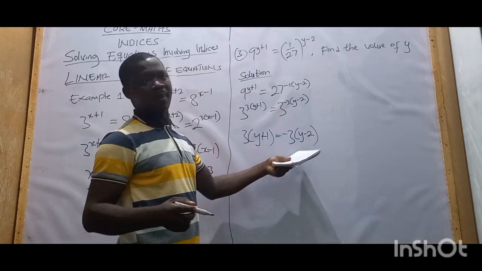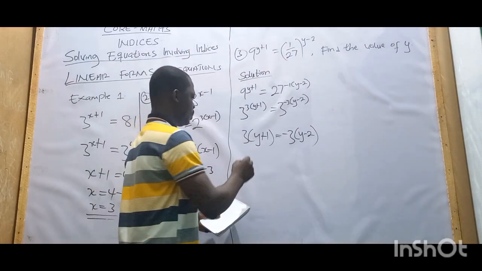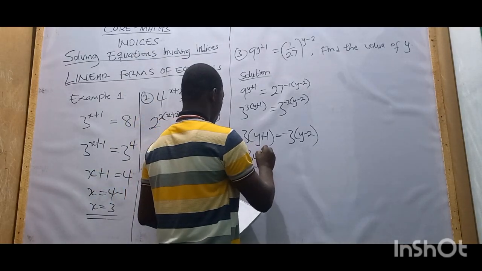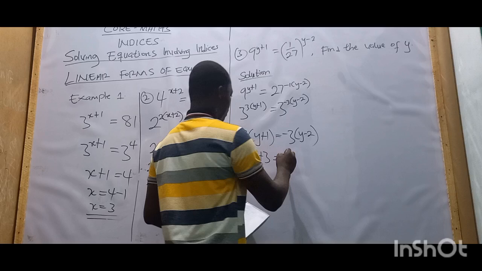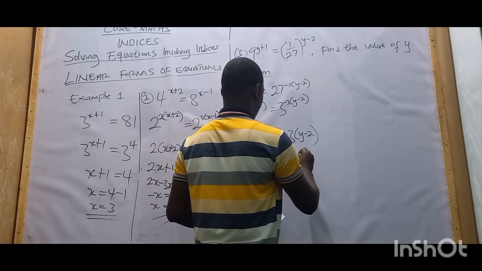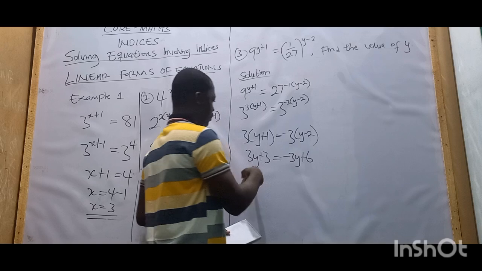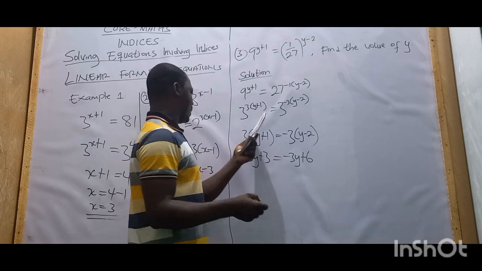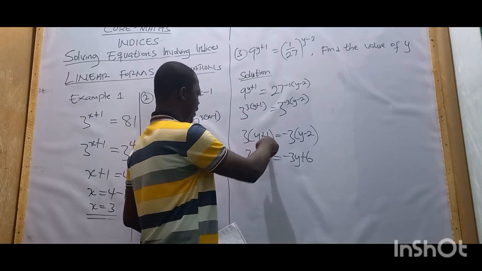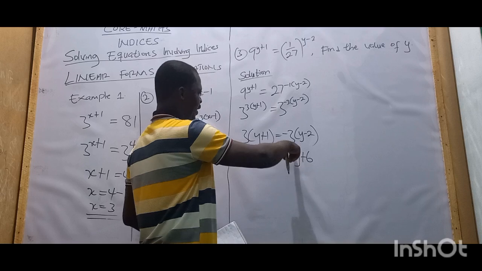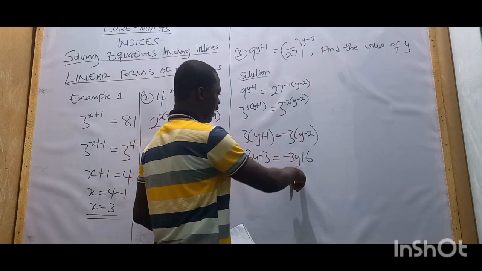So I will expand and simplify. So if you multiply this by this, you get 3y. Multiply this by this, you get 3. Multiply 3 by this, you get negative 3y.